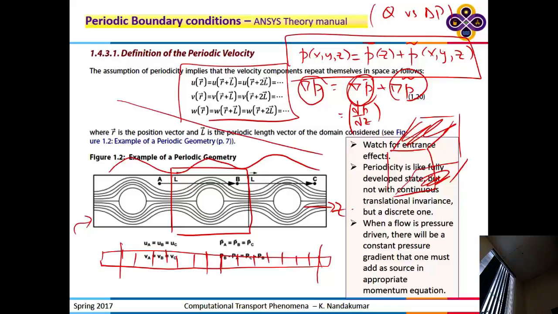And exit length is smaller normally because the flow is this way, so the effect of this exit is felt only maybe 1 or 2 grid cells behind. Whereas this one, for large velocities, can propagate a long distance. So that's a very valid point. So if you're taking this idealized periodic solution result and applying it to a real system, you need to account for the entrance effect.